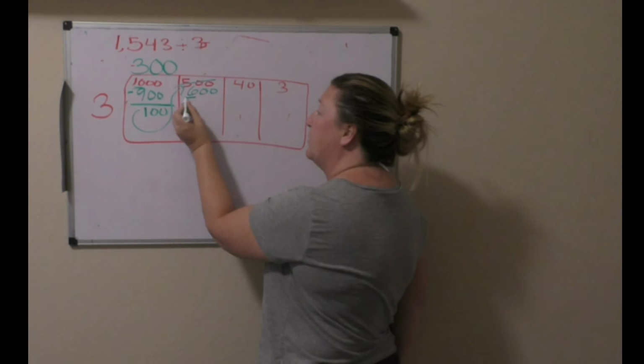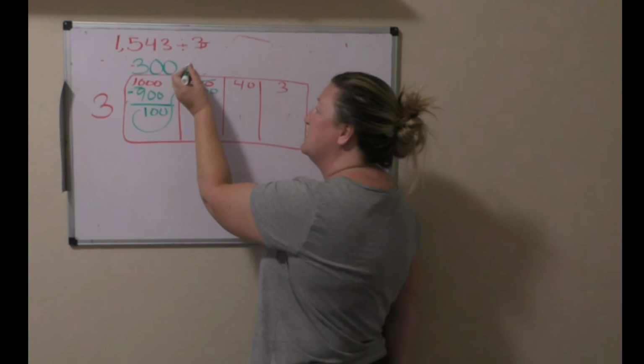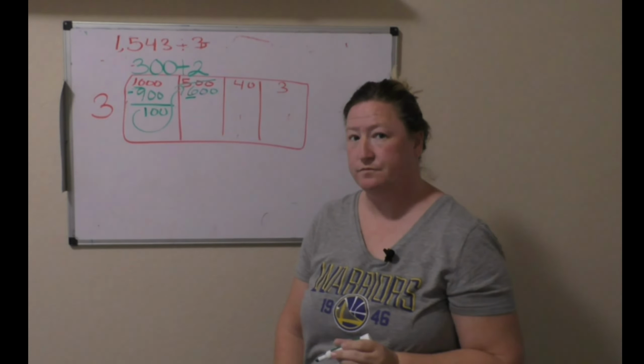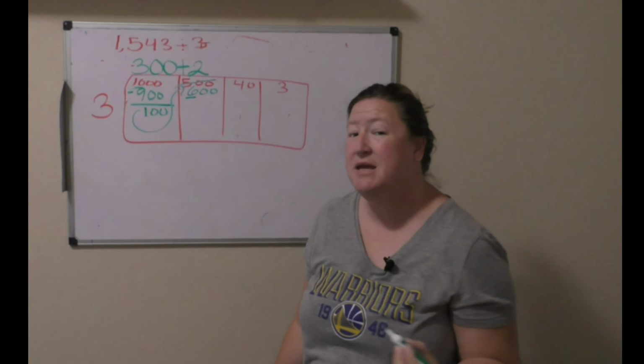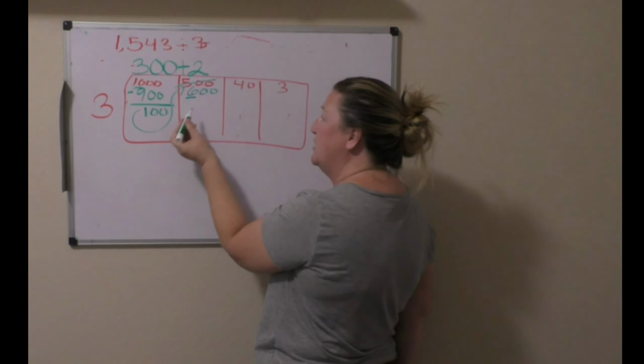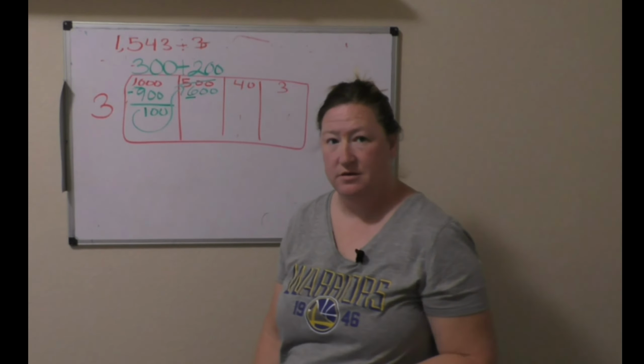I do know that 3 goes into 6 2 times. So that means that 3 goes into 600 200 times because I can just add my 2 zeros.